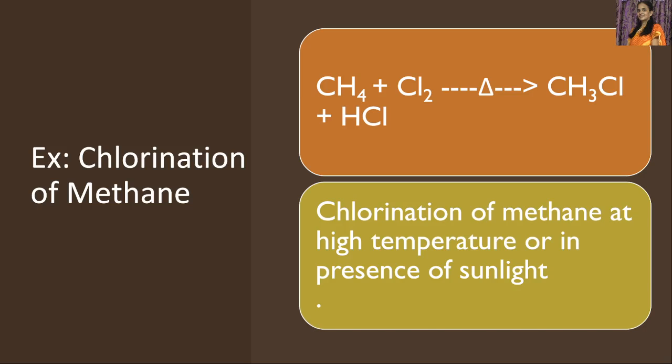In chain propagation, a methyl free radical is obtained, which combines with a chlorine molecule to form methyl chloride. These two steps repeat, hence it is known as a chain reaction. Finally, in chain termination, two free radicals combine to form the final product, and the chain propagation stops. These are the three stages in the chlorination of methane, which takes place by free radical mechanism.